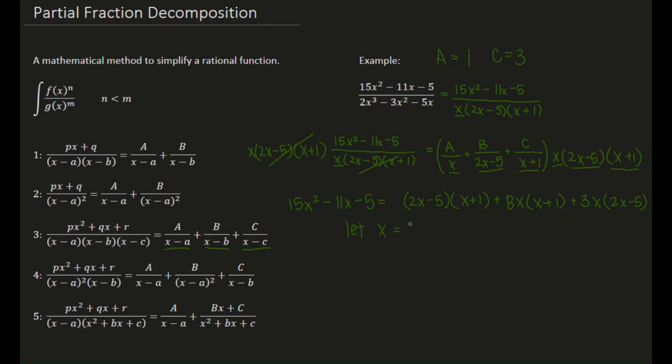On the left-hand side, that gives me 15 minus 11 minus 5 equaling negative 3 times 2, plus, and I'm solving for b, I'm going to keep b there, b times 1 plus 1, which is 2, plus 2b, plus 3 times negative 3.